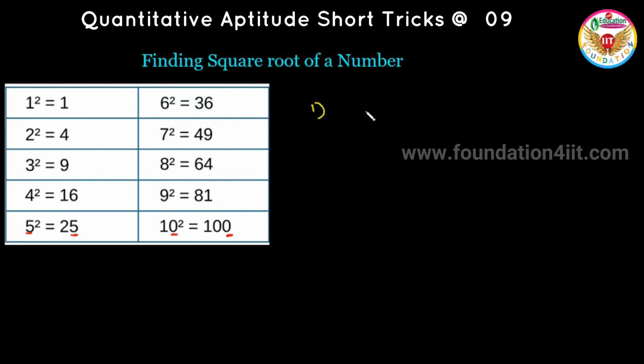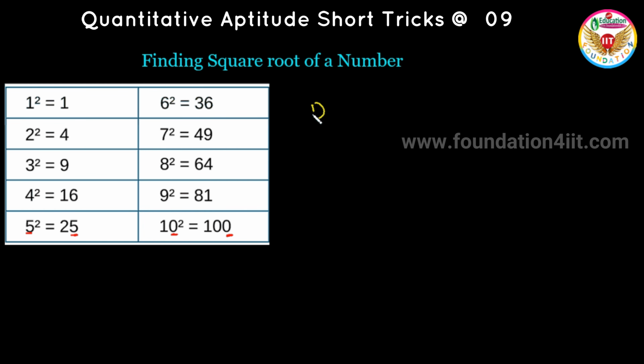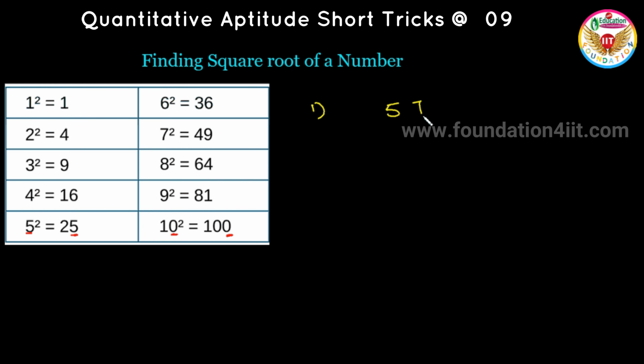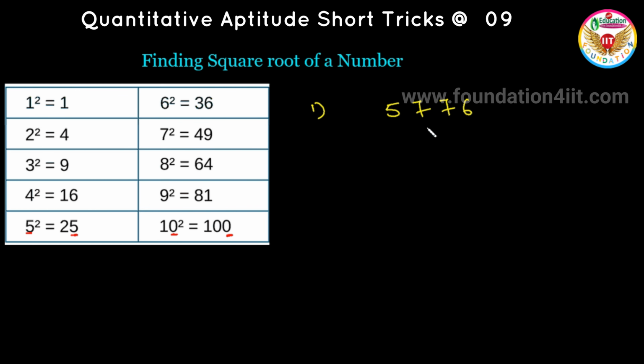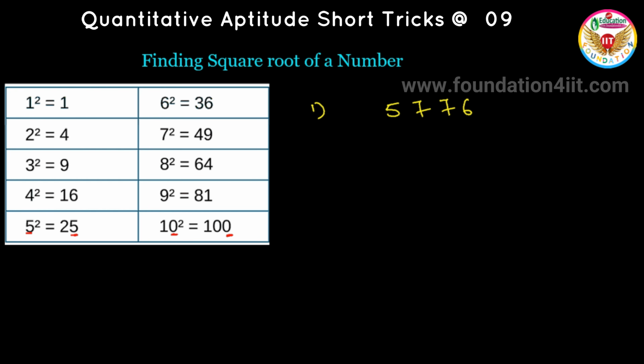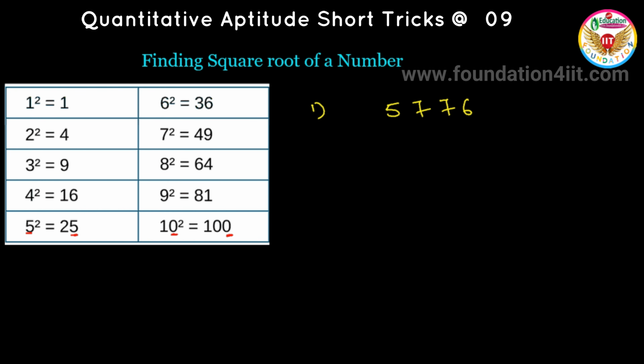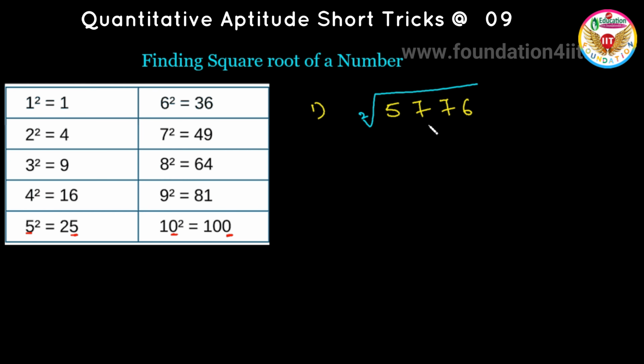If you want to find the square root of a number using this table, let me take a small number, 5,776. I want to find the square root of this. You can take the two numbers from the right side, and the remaining set.